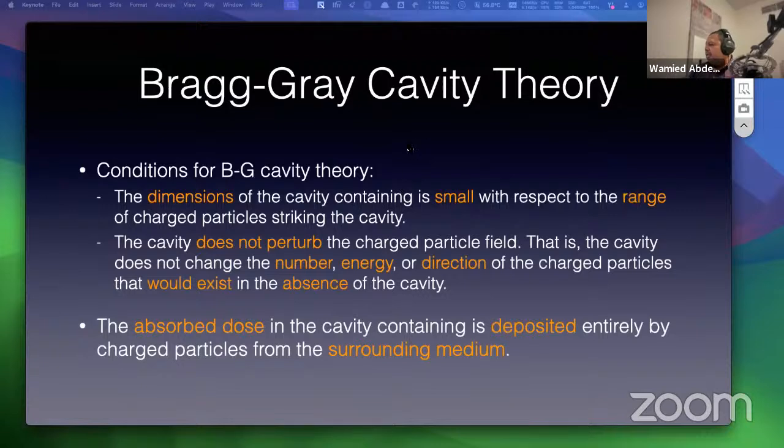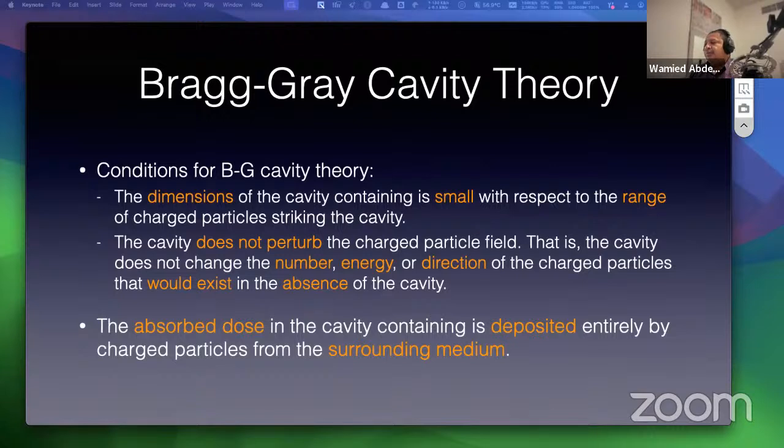For the Bragg-Gray cavity theory, when we have our cavity inside the medium, in order to apply it, two conditions need to be met. The first condition is that the dimensions of the cavity should be small with respect to the range of charged particles.